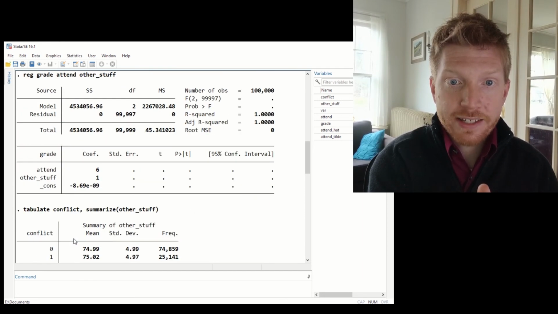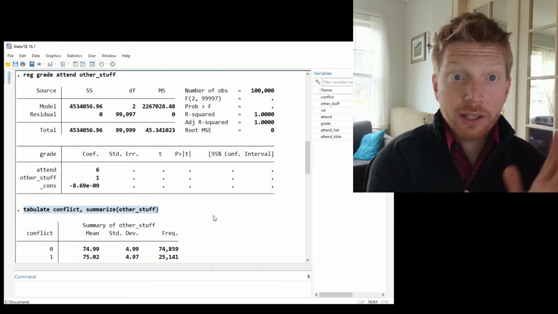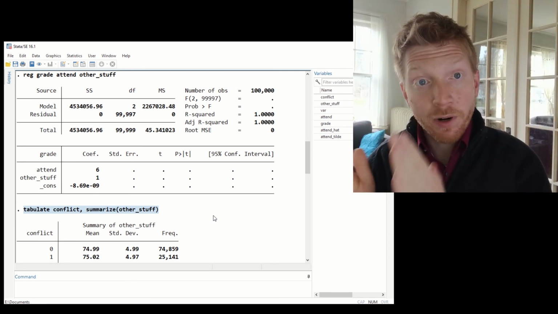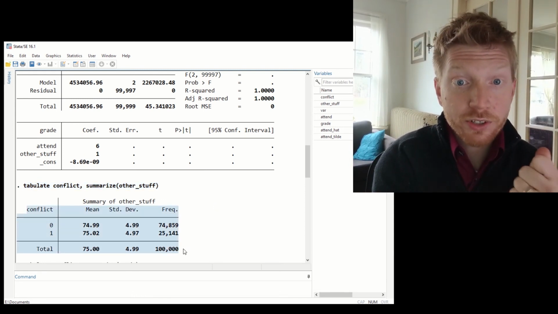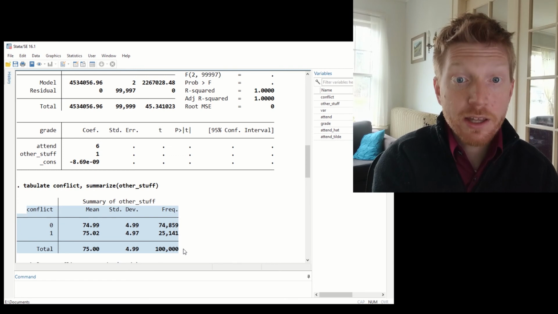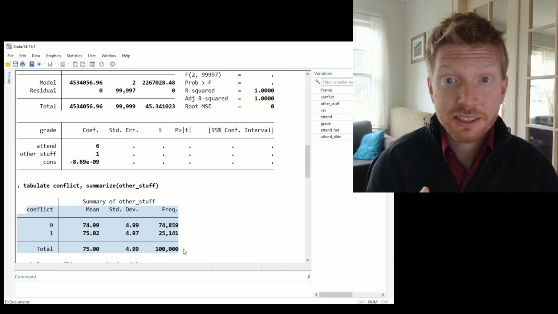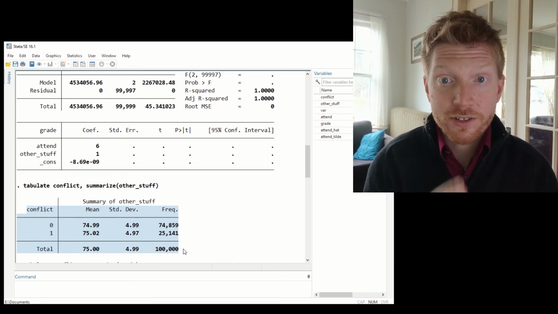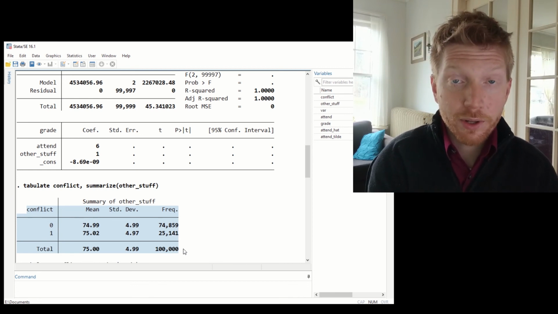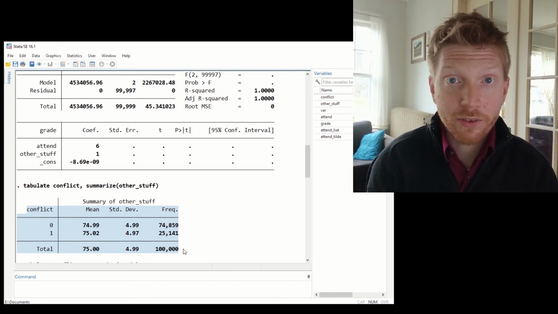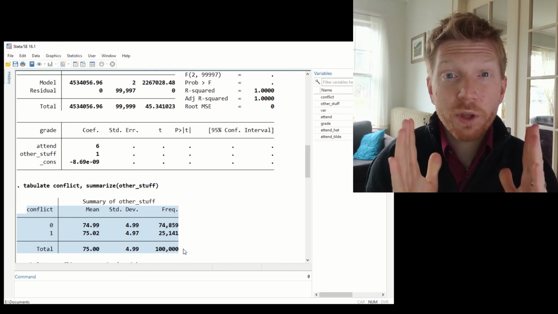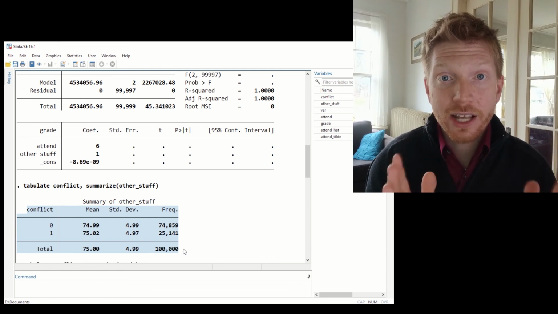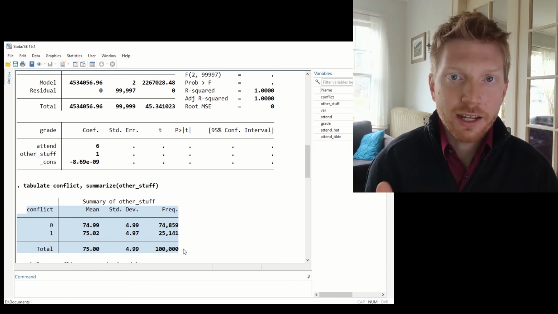So when we did that tabulate command and looked at the other stuff, whether it is different for people who have the conflict versus not, the important thing, the exclusion criteria, is that these need to be the same. Generally, this is not testable. We don't know what the other stuff is. We just know grade. We don't know all the other things that are impacting grade. So generally, this is not testable. The only reason we're able to test it here is because this is simulated data.